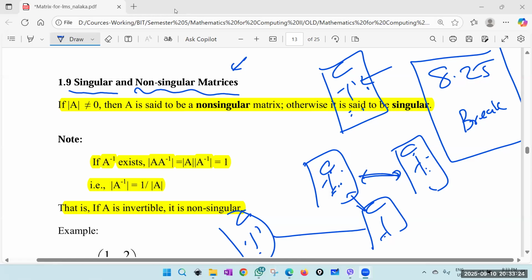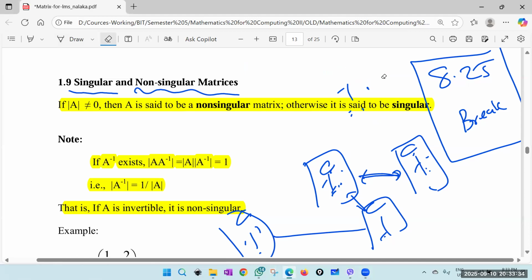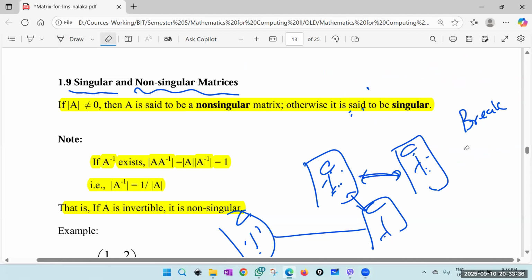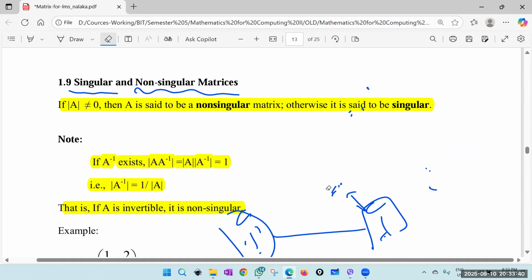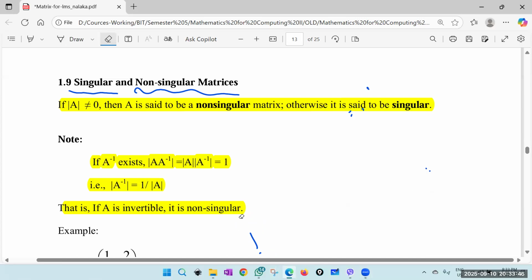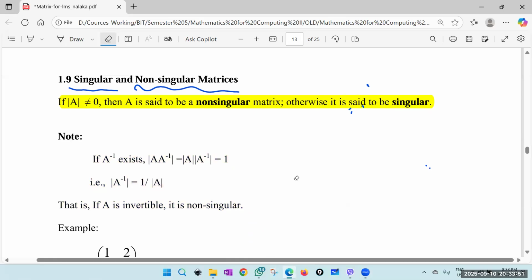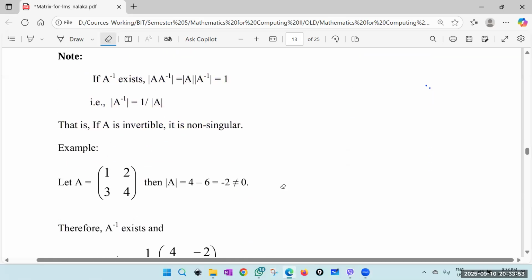Okay, so let's continue. Let's move on to the concept of inverse matrices. Again, the concept of inverse matrix is a major concept in matrices.